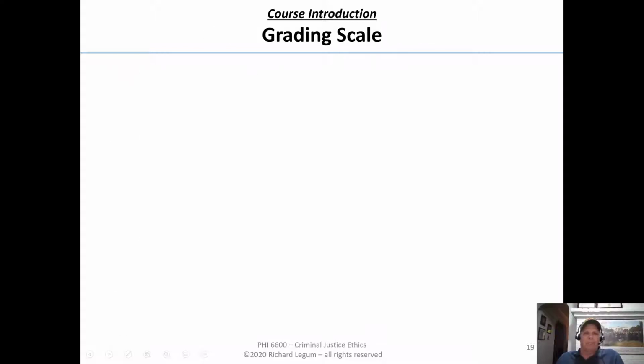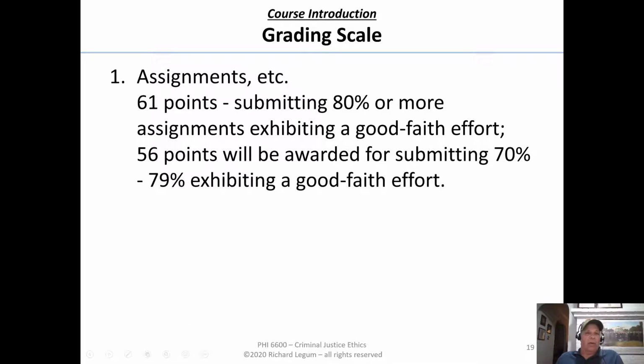Now, let's understand the grading scale. So now the assignments, discussions, etc. are going to be worth 61 points. You get the 61 points for submitting 80% of them or more, and they exhibit a good faith effort that you really tried.